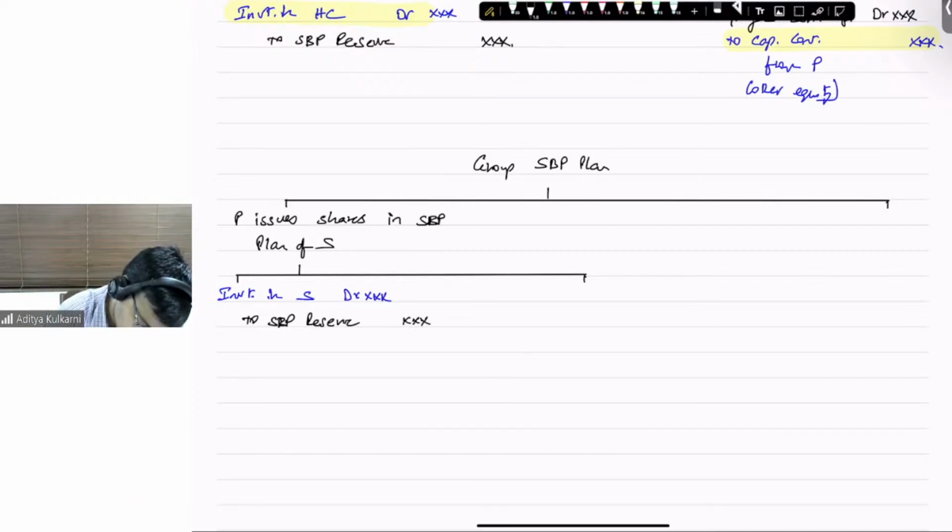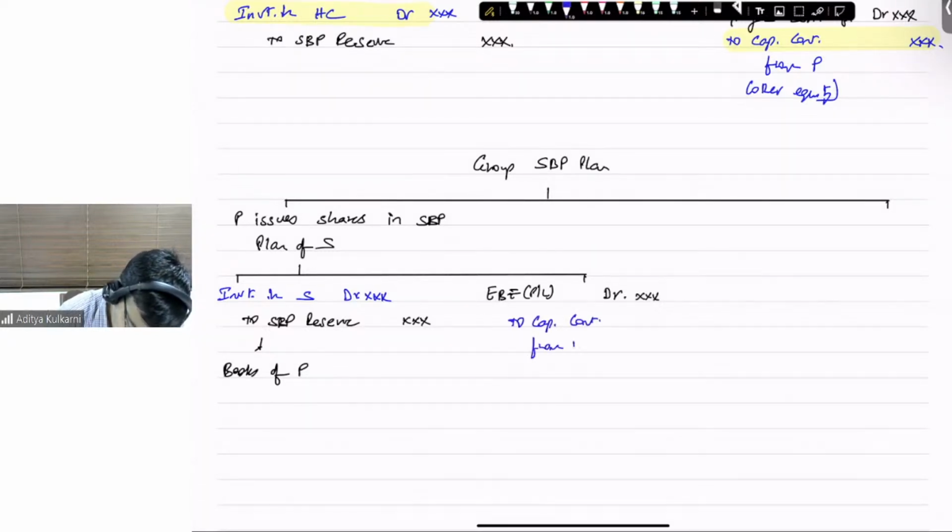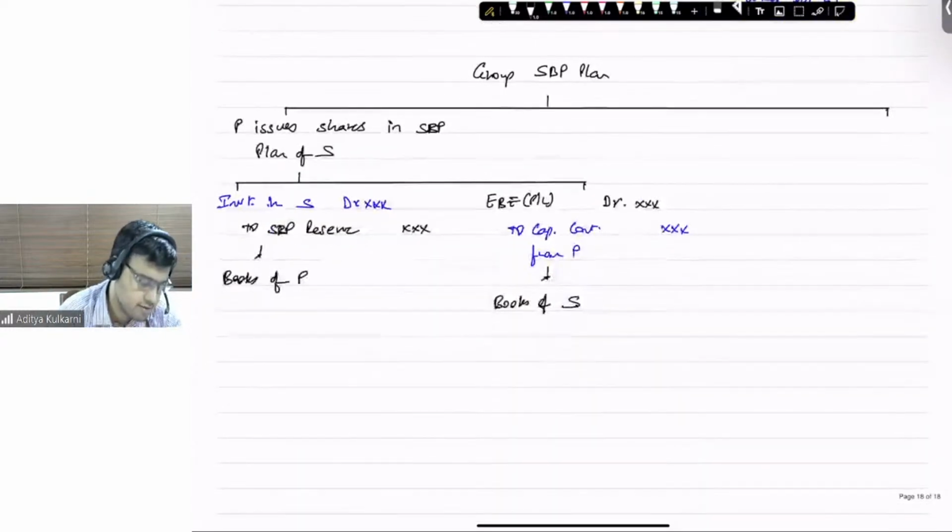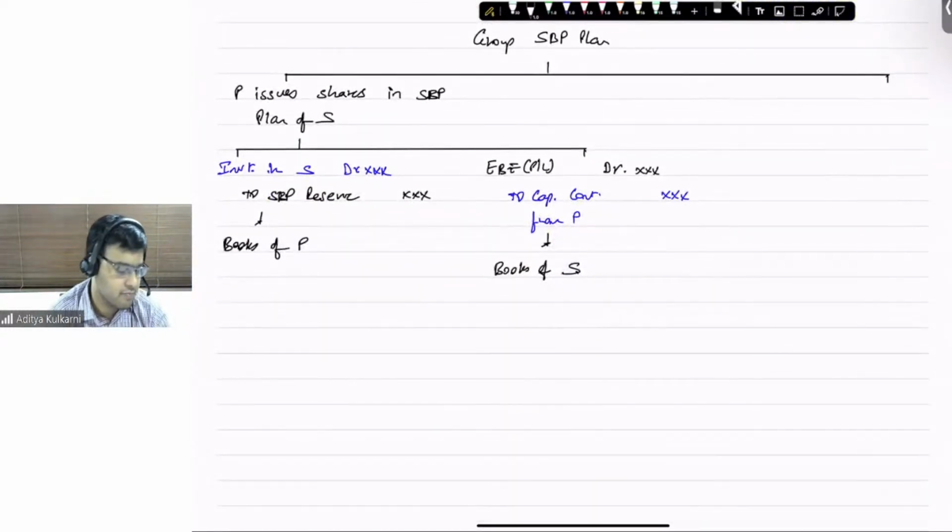And books of S, this is books of P. And in this case, it will be EBE, which goes to P&L debit, to capital contribution from parent. This is books of S.